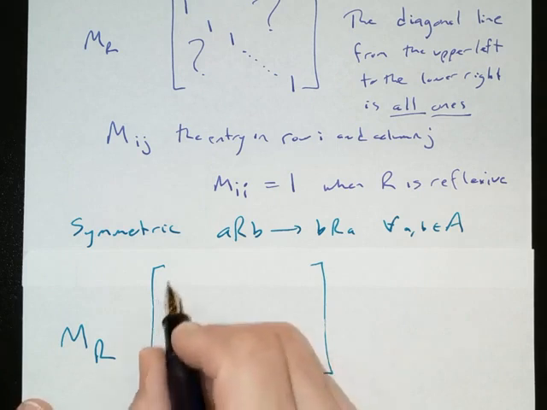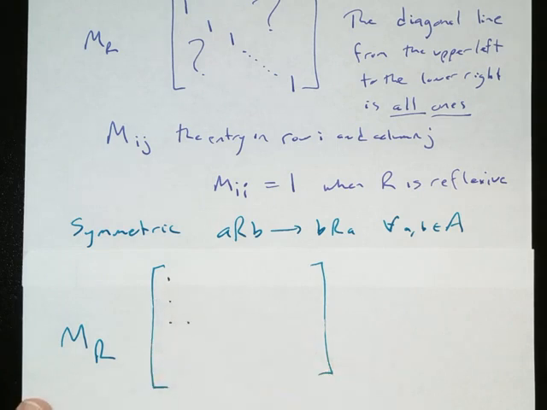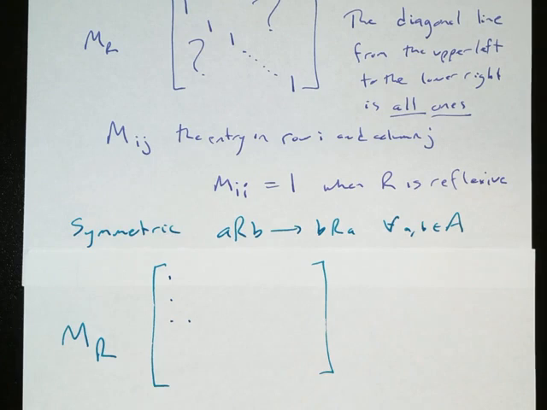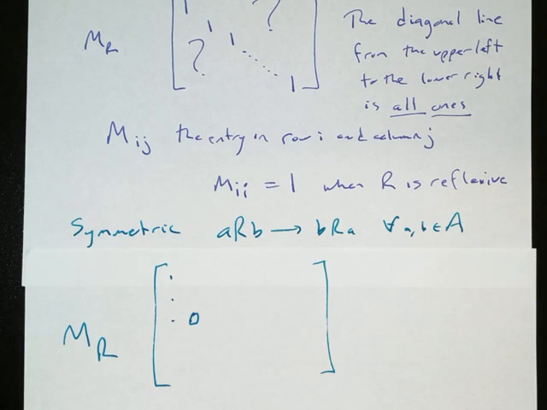Row 3, column 2. In that spot, do you want to put a 1 or a 0? Let's put a 0 there. That means the third element is not related to the second one. A3 is not related to A2.